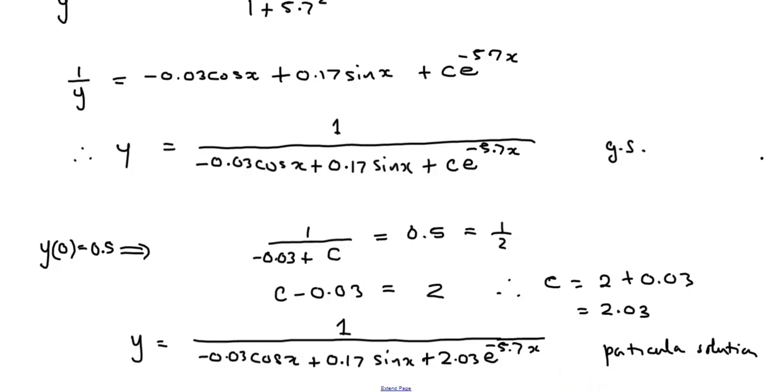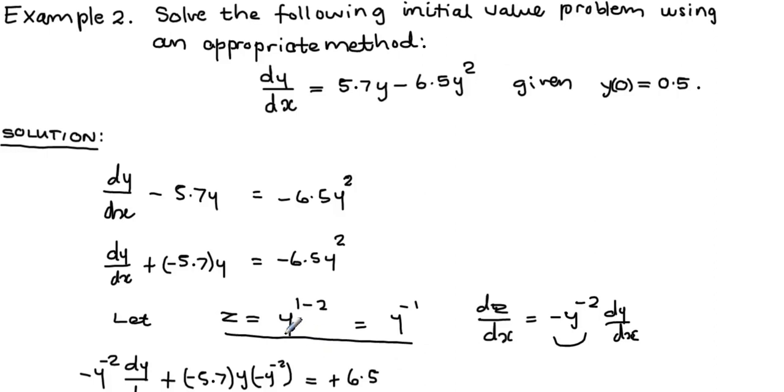I hope you notice what happened here. The key issue is that you recognize that the equation is not linear, but the right-hand side looks more or less like a first order linear equation. Then you must do the substitution whereby you say z is equal to y to the power 1 minus the power which you are given.